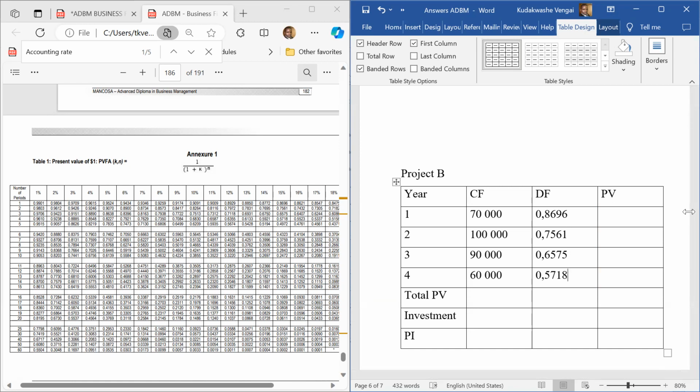So we put it in a calculator. 70,000 multiplied by 0.8696, we get here 60,872.